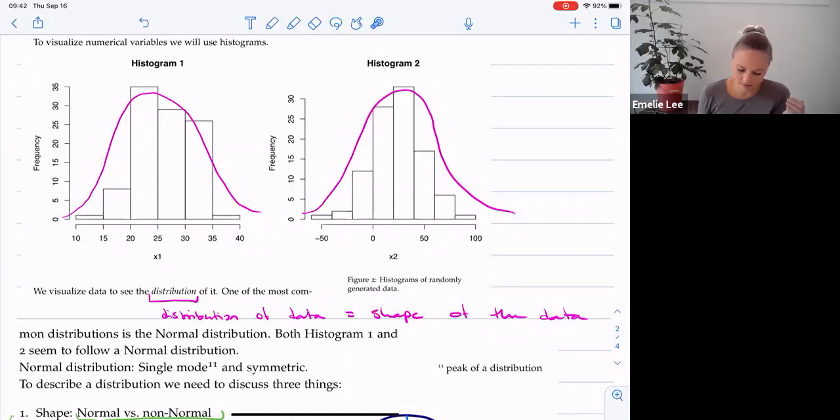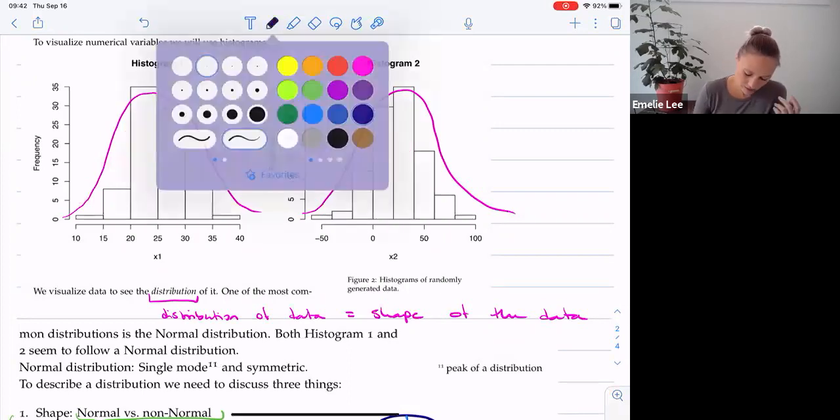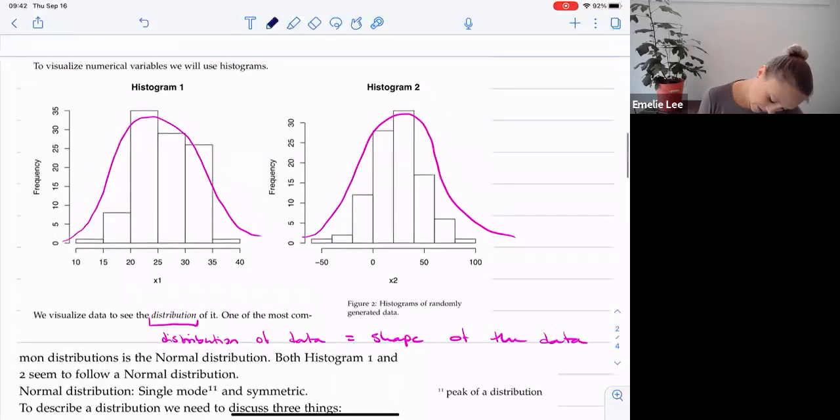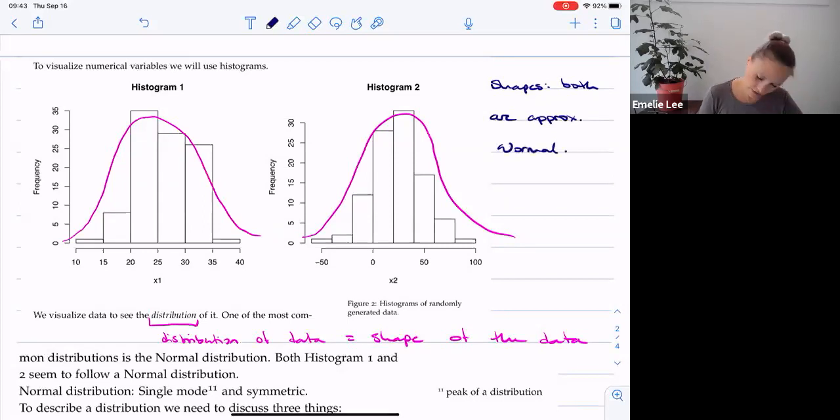Histogram 2 is more normal, but we don't need to go that deep. So here, both are approximately normal. Okay.